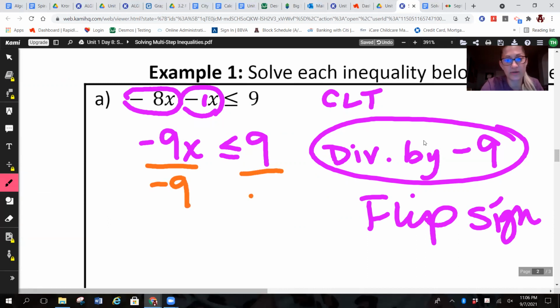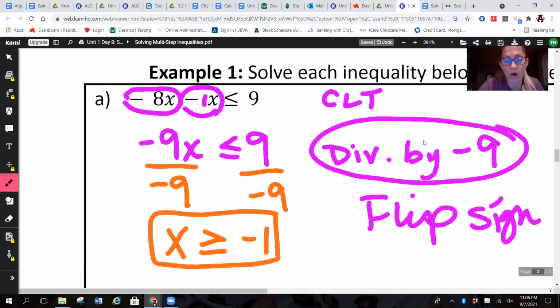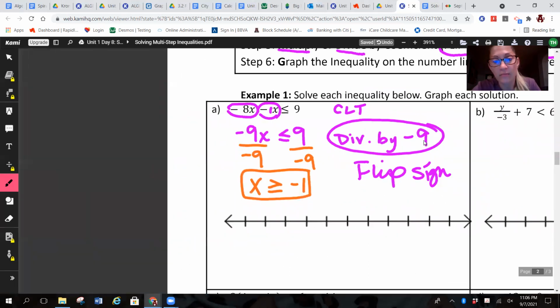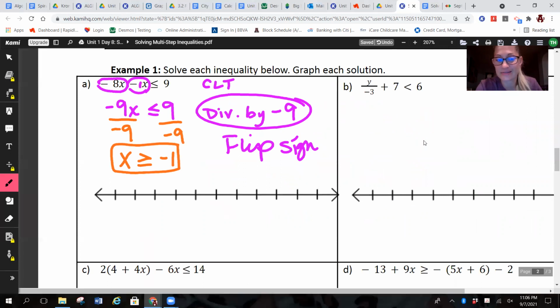UT beat Louisiana last weekend, so in honor of UT, we will be graphing in orange. Now my inequality does flip. It says x, meaning all of the answers that I am going to graph, are greater than or equal to negative 1.